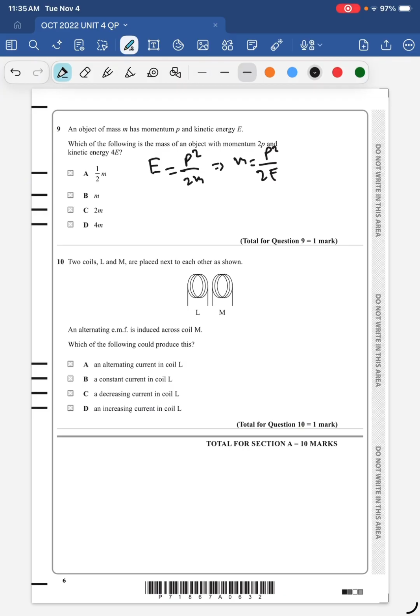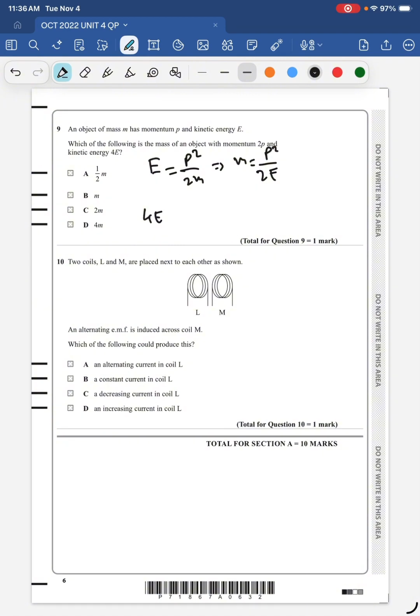Let me think. For the particle that has a kinetic energy of 4e, let me think. I confused myself. An object of mass m has momentum p and kinetic energy e.